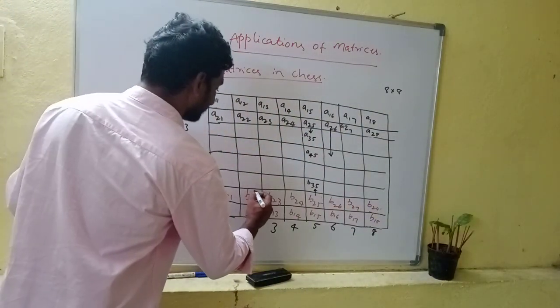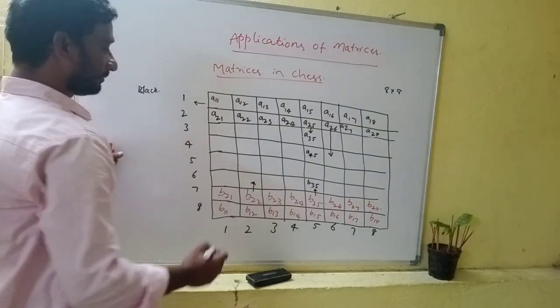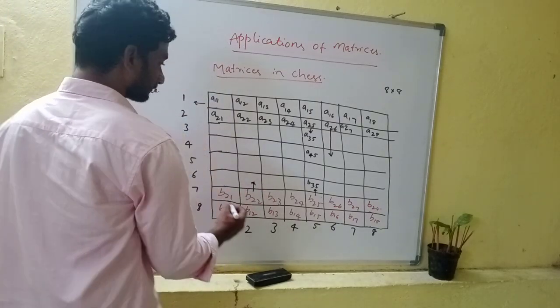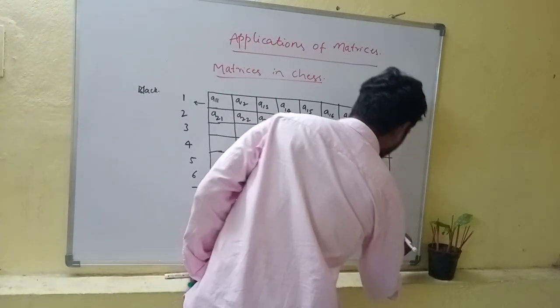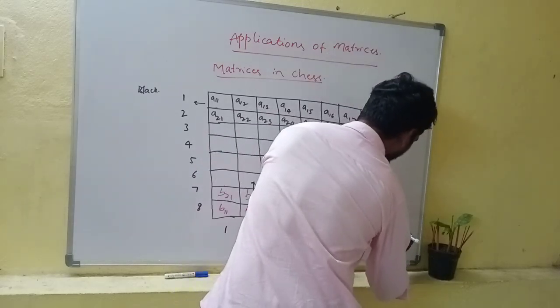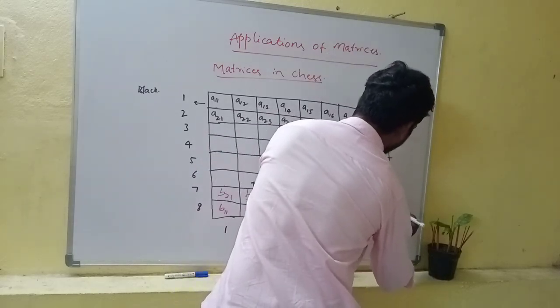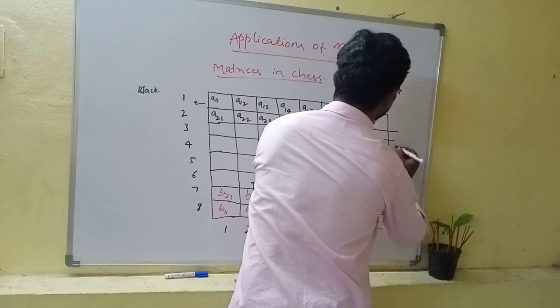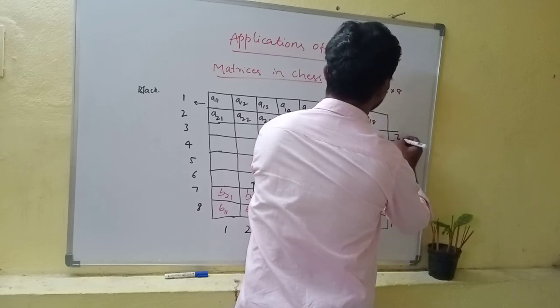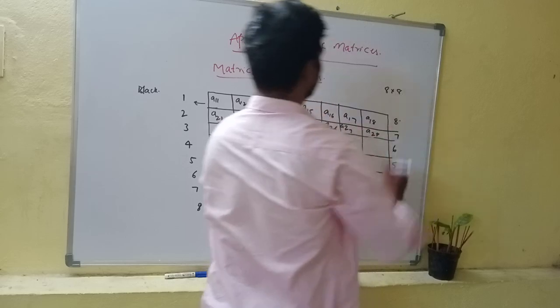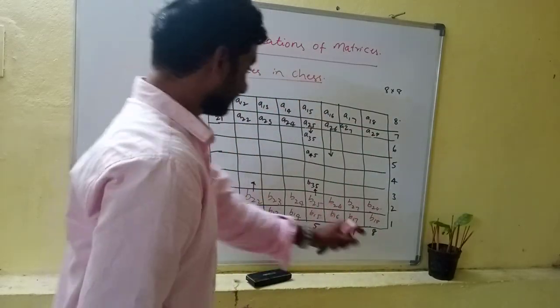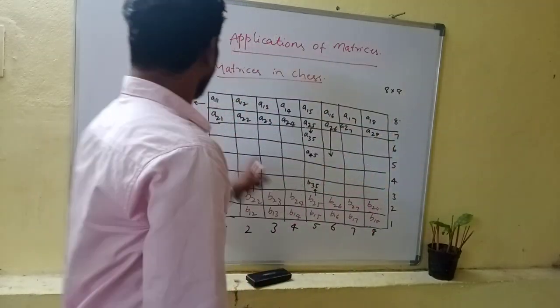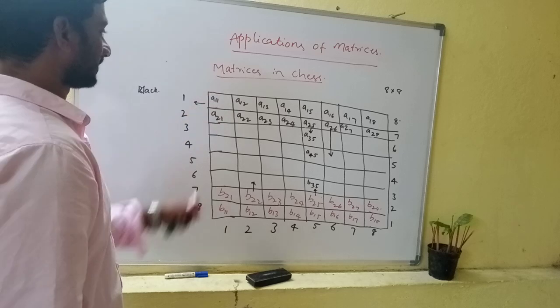This pawn can move B2 to, again, now if you take from this side, this will be first row, this is second row, third row, fourth row, fifth row, sixth row, seventh row, and this is eighth row. This is from B side and this is from A side.